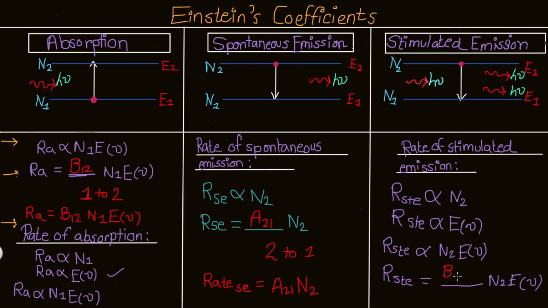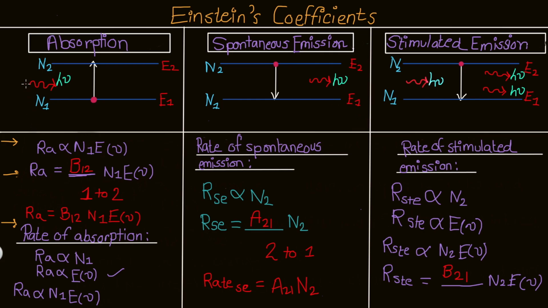B 2,1. I know it's the same as the absorption coefficient over here, but the only difference is it's from the upper level, 2, jumping to lower level 1, so it's B2,1, whereas over here it's 1, 2. So you can think of these two processes as kind of being opposite.